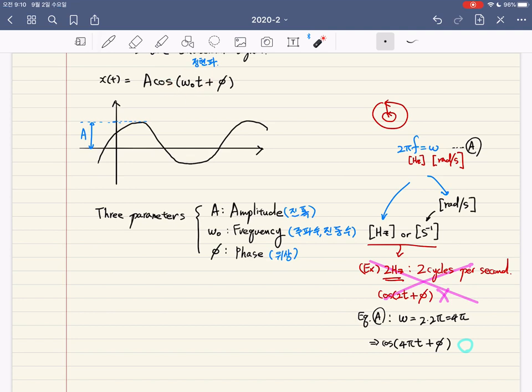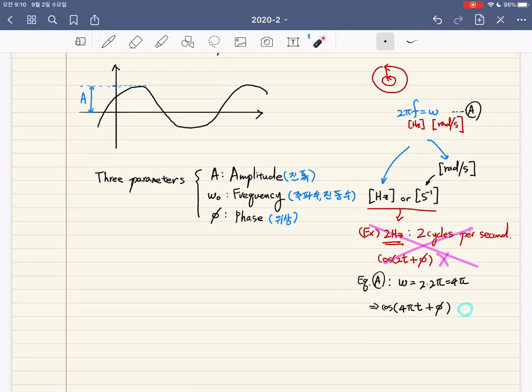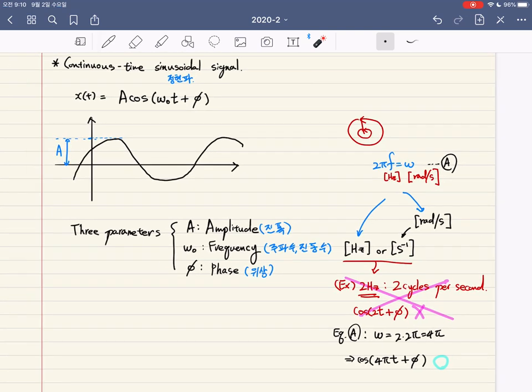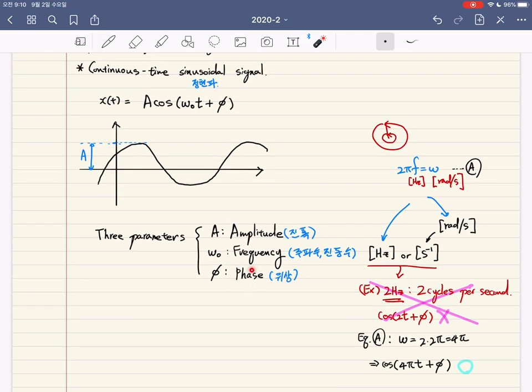Okay, so I think this is enough about the hertz and radian per second. And now I would like to talk about the phase. Phase represents the transition of this sine wave or cosine wave.